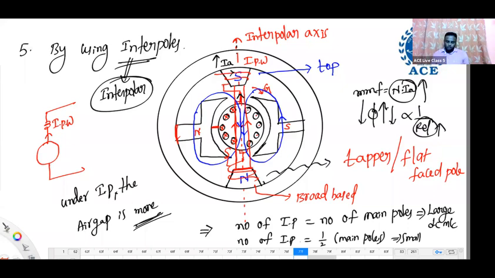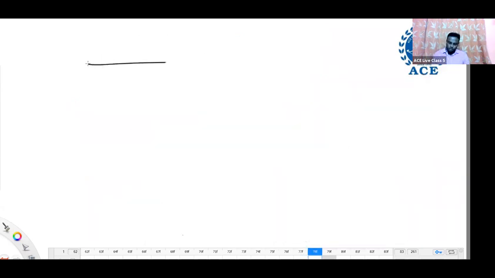Now the most important question, repeated in almost every examination, is the polarity of the interpole. In the previous figure you answered easily, and most of you gave the exact right answer. But now I will give one figure. Try to answer this. Linear representation.